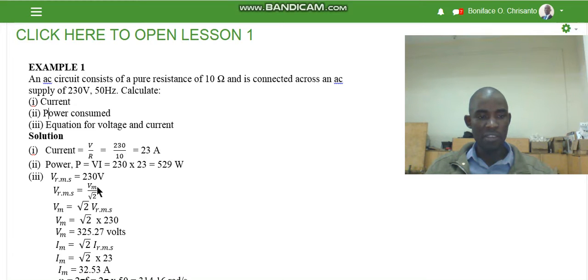If you make Vm the subject of the formula, you cross multiply, and you get Vm equals root 2 multiplied by the RMS voltage. This maximum voltage, which in other cases we call amplitude, is found by multiplying root 2 by 230 on your calculator.